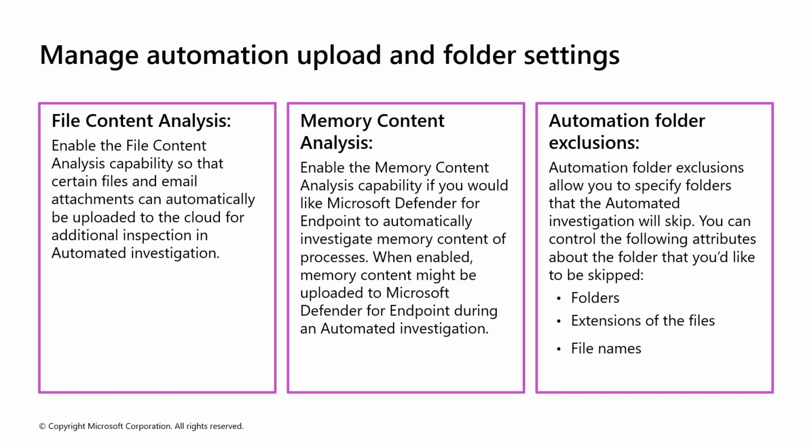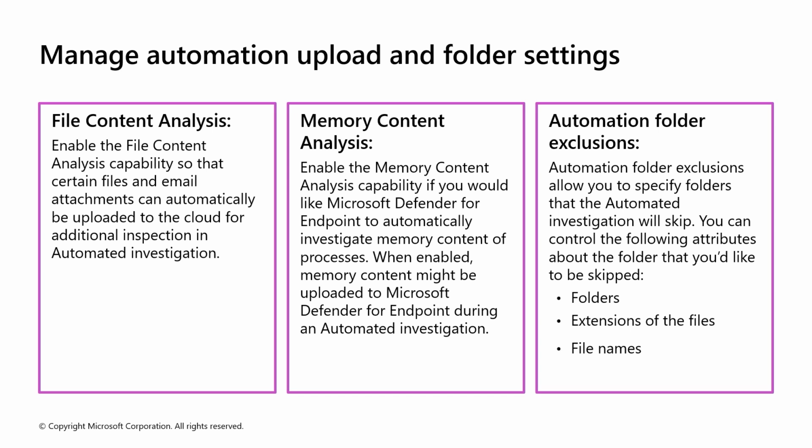This highlights a key configuration area in Microsoft Defender for Endpoint: managing automation, upload, and folder settings. There are 3 main features here that help fine-tune how automated investigations handle files and memory. First, we have file content analysis. When this is enabled, Defender can automatically upload suspicious files or email attachments to the cloud for deeper inspection during an investigation that we may have.